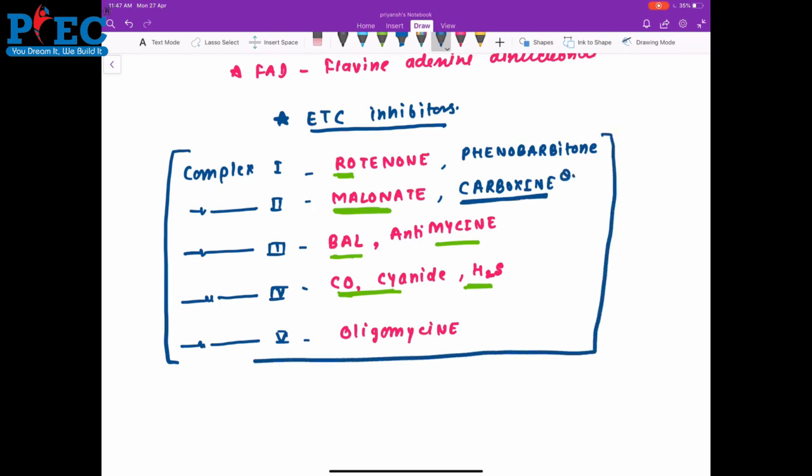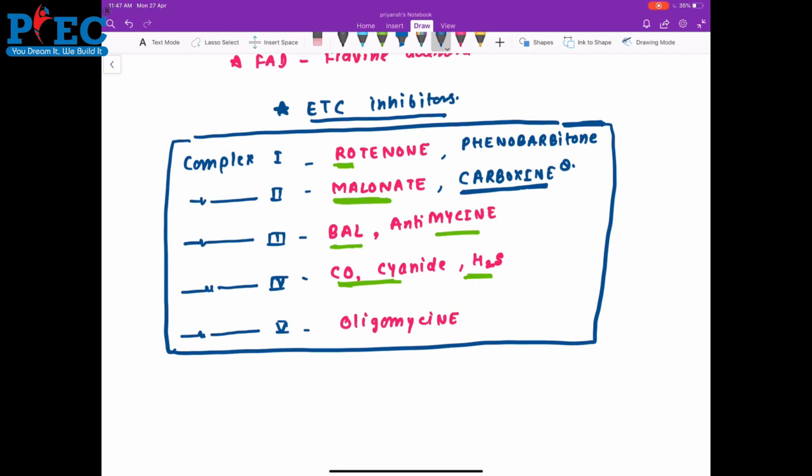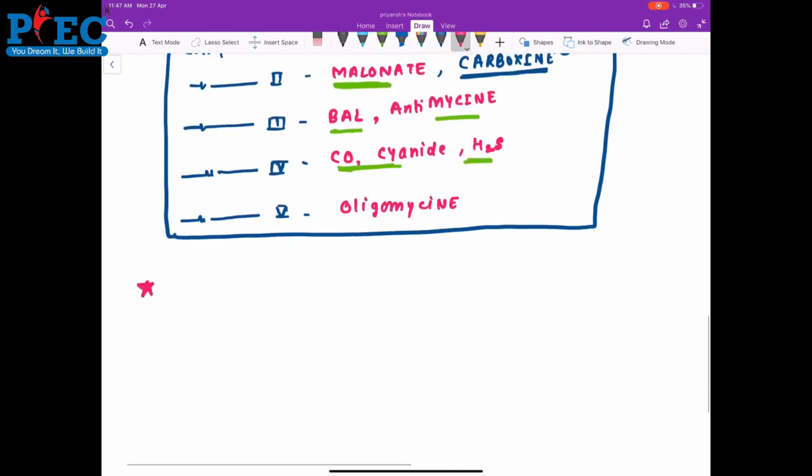Carboxin inhibits complex 2. So these are the various toxins that can inhibit the electron transport chain, and you should know which complex is inhibited by which toxin. Once we are clear with this, we will come to the last part.